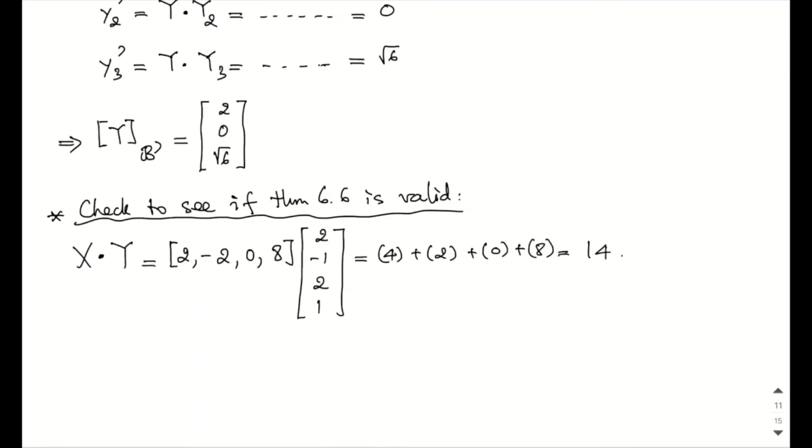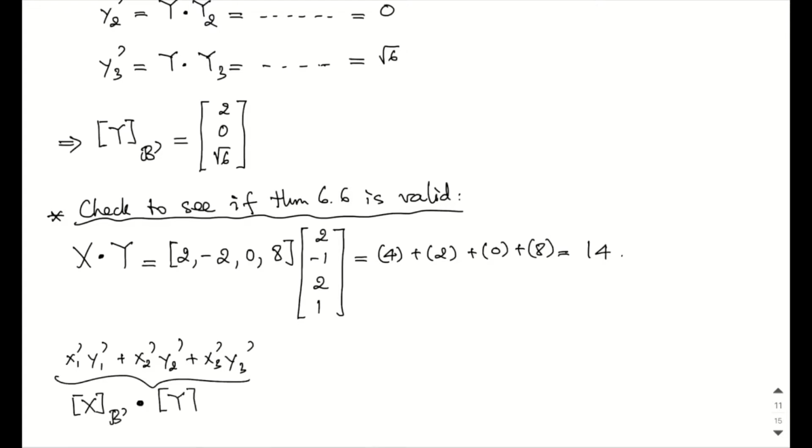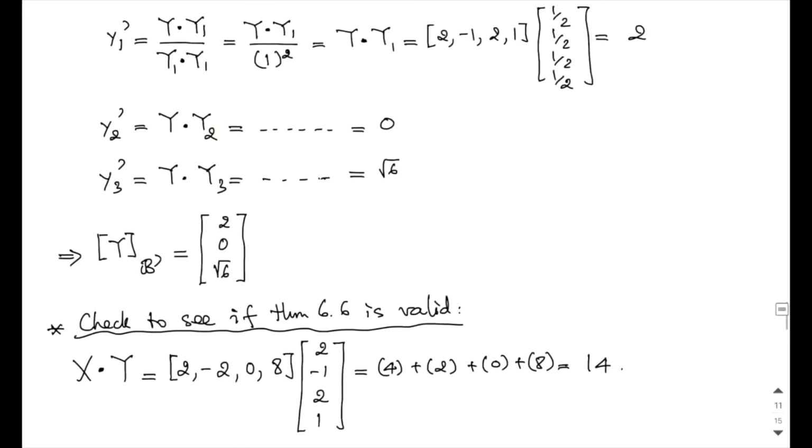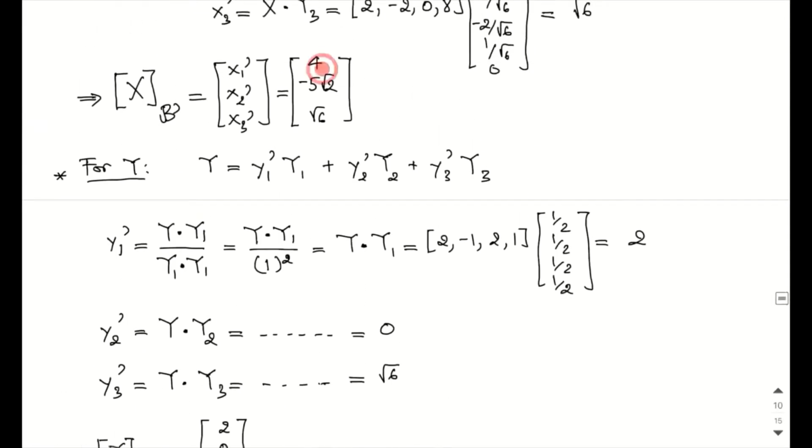Now, if you check x1 prime y1 prime, x2 prime y2 prime, x3 prime y3 prime, in other words, it's just this. The coordinate of x with respect to B prime dot with the coordinate of y with respect to B prime. Because you are going to multiply first entry with first entry, second with second, last with last, and then add them together. So back here, 4, -5 root 2 and square root of 6.